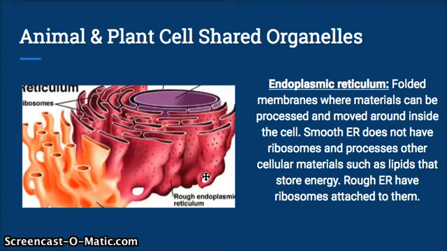So there's something called smooth ER, and that is the endoplasmic reticulum that does not have ribosomes on it, and it processes other materials like lipids, which are fats, and they also store energy. But rough endoplasmic reticulum does have ribosomes, and that's where the ribosomes make proteins in the ER.